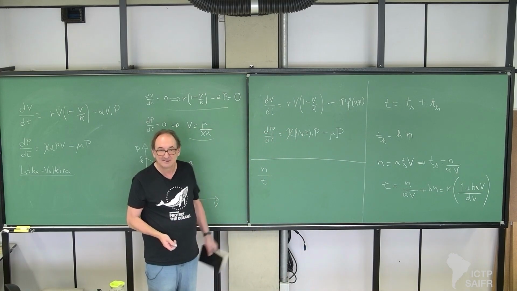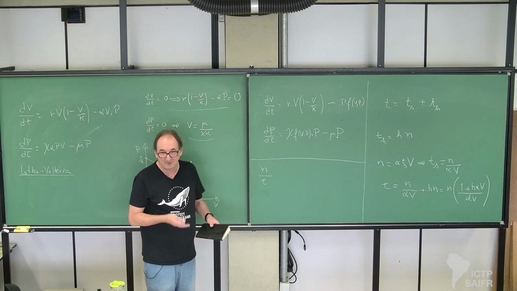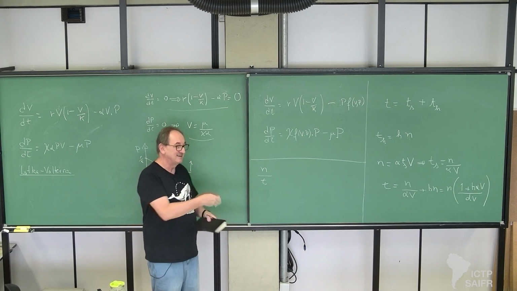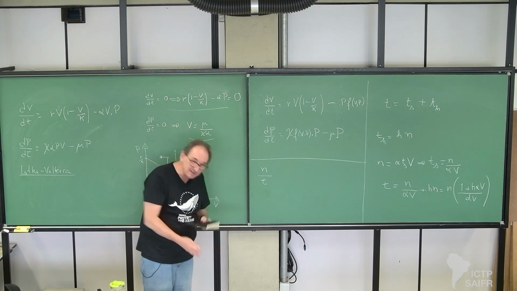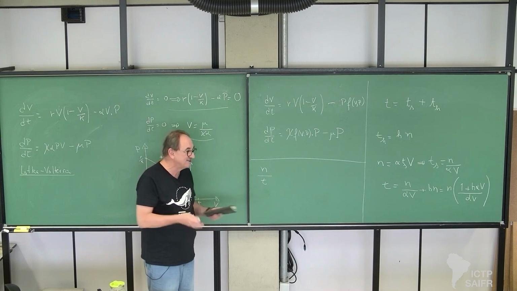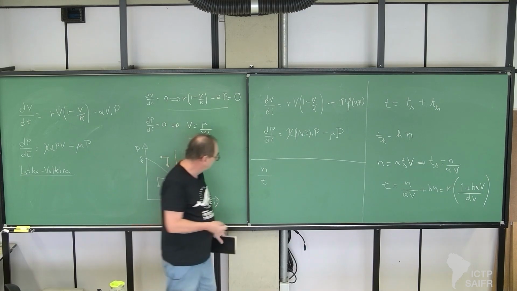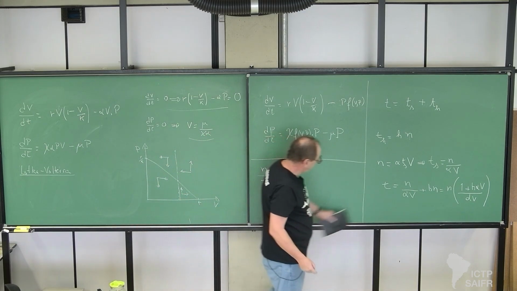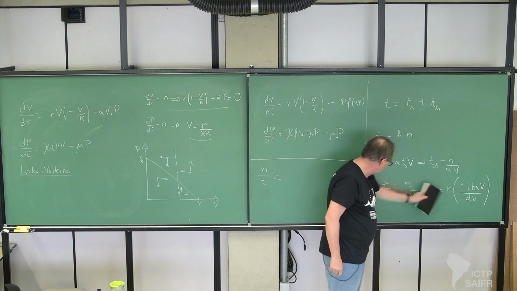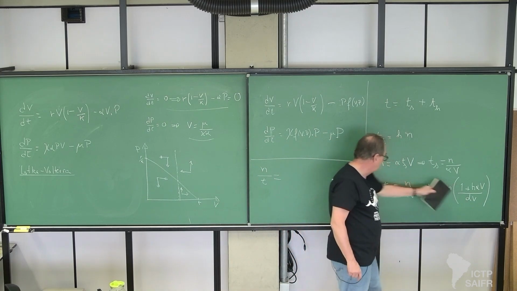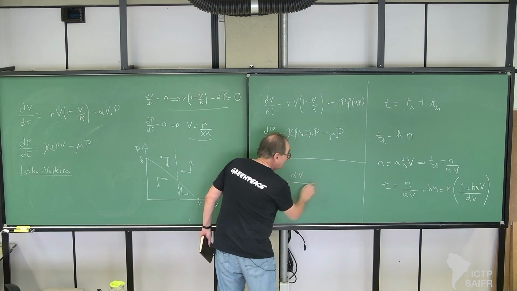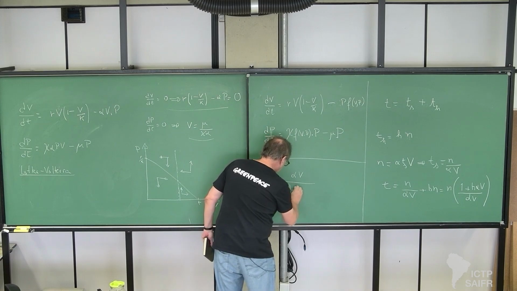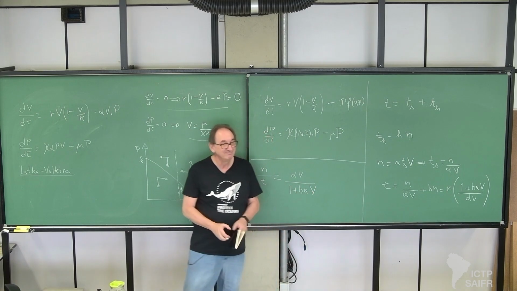So this part is obviously not so rigorous because I'm saying this is somehow connected to the derivative. And we didn't actually do it with differential times and so on. So n over t you can get from here. N over t will be just equal to alpha v over 1 plus h alpha v. Nice.